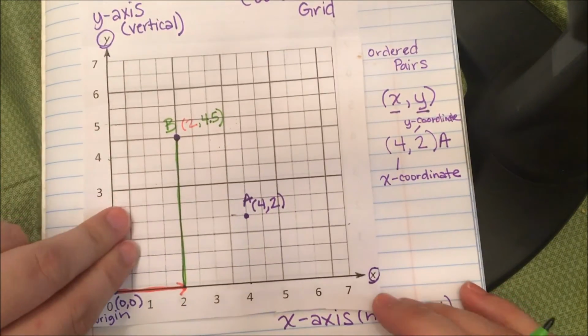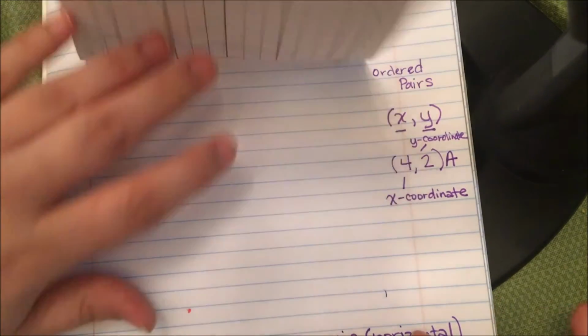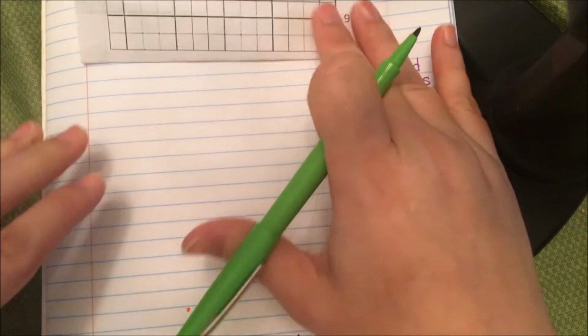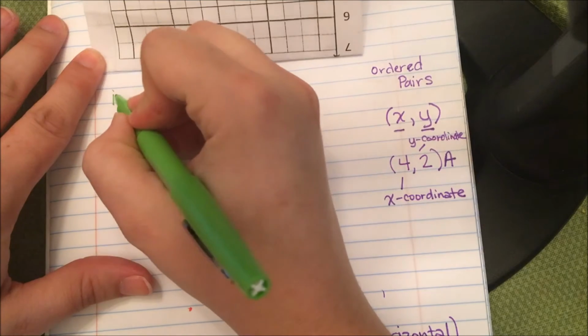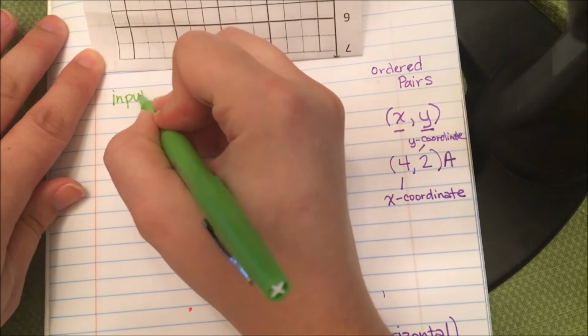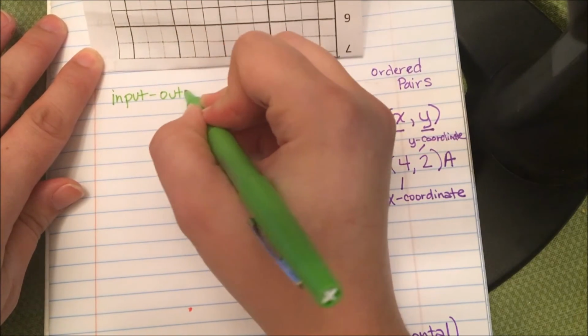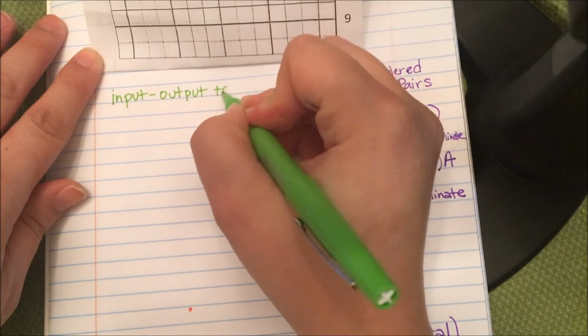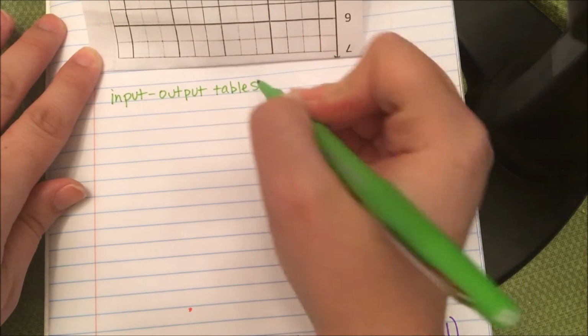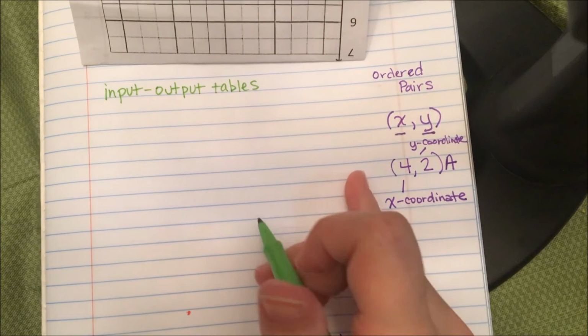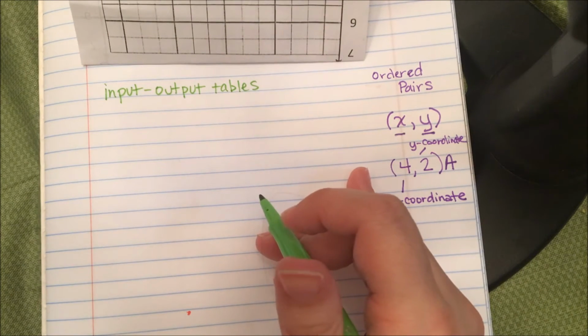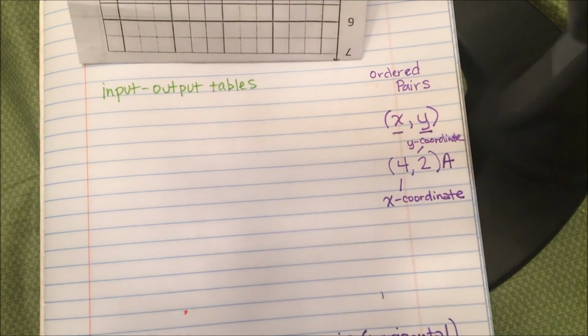Okay, go ahead and flip your coordinate grid up. And we are going to talk about input and output tables. So input, output tables. This is just like what we've been talking about with our algebraic expressions.